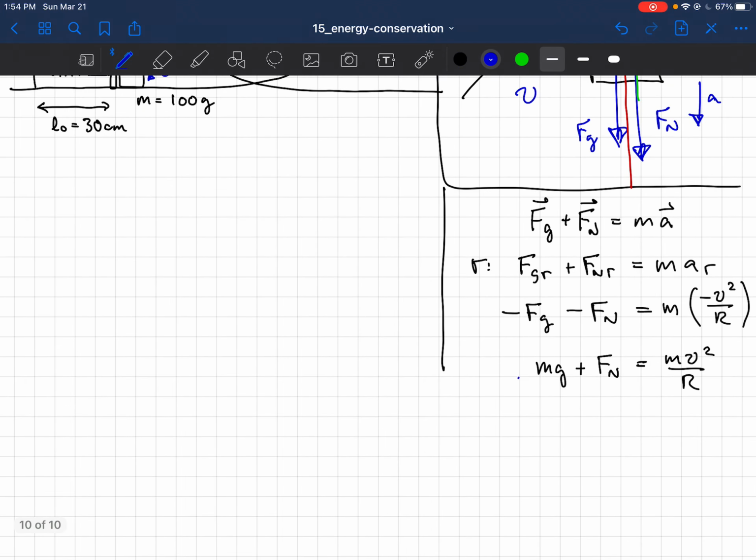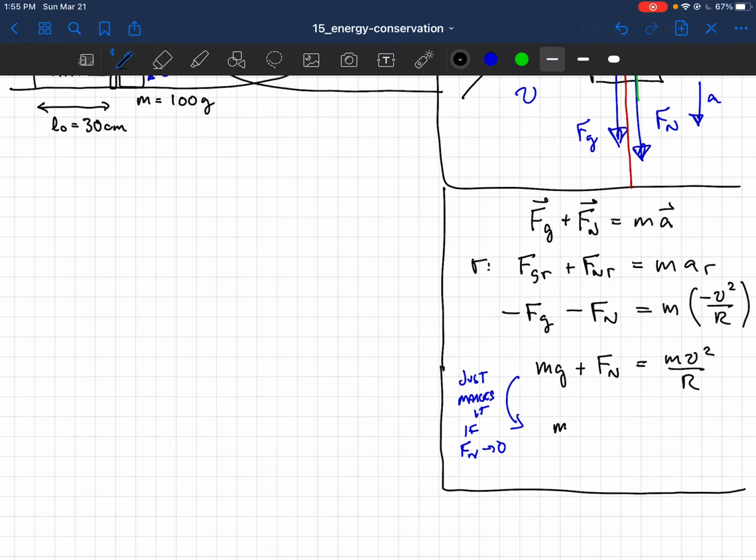And it just makes it if Fn goes to 0. So we can take the case of Fn going to 0, which is mg plus 0 is equal to m, and then we can call this v min squared over r. So that's the minimum speed it can have in order to make it around.